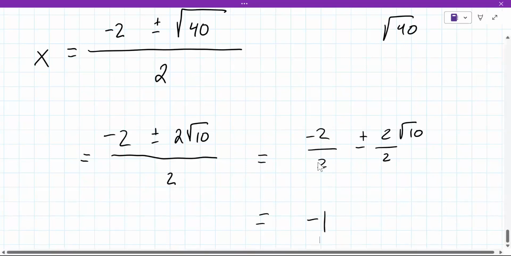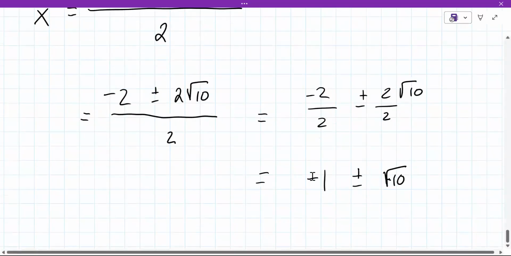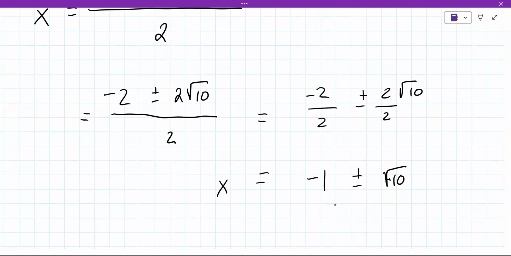Yep. So 2 over 2 is 1, or -1, you include the sign. Then 2 over 2 on the right is 1. So it becomes square root of 10. And that is your final answer.